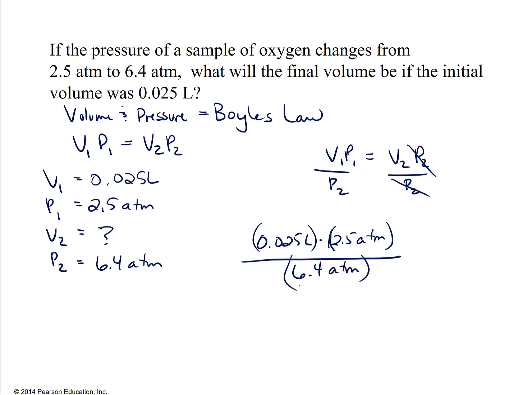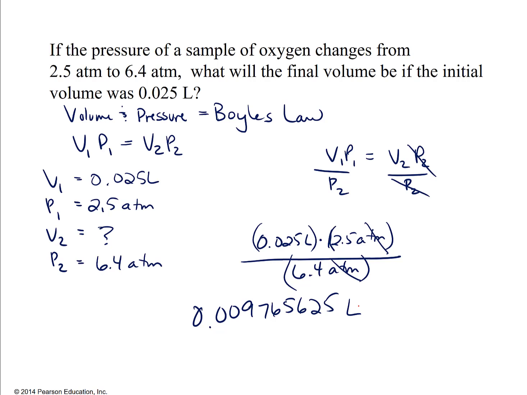How many significant figures? So I got 0.00976565. Atmospheres cancel, so I have liters. What did everybody get? Okay, so I keep those zeros out front.